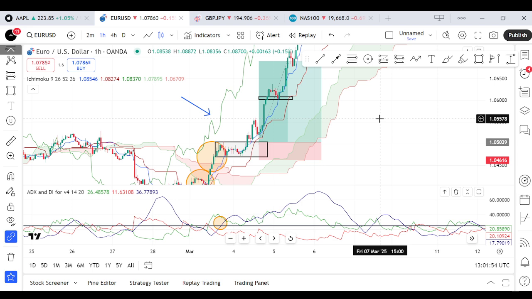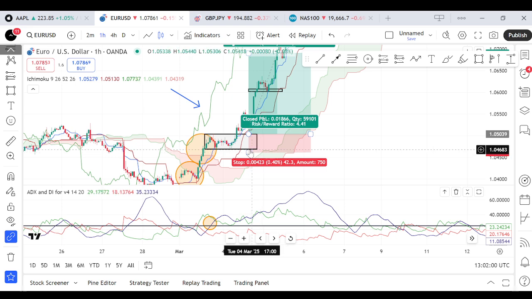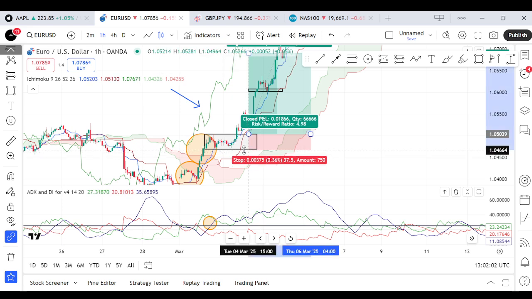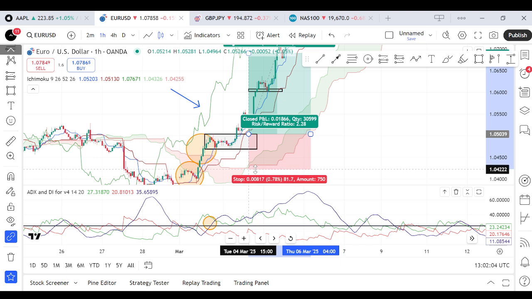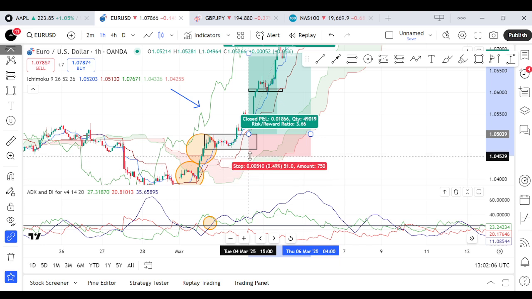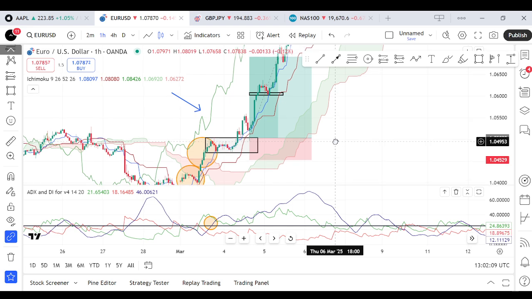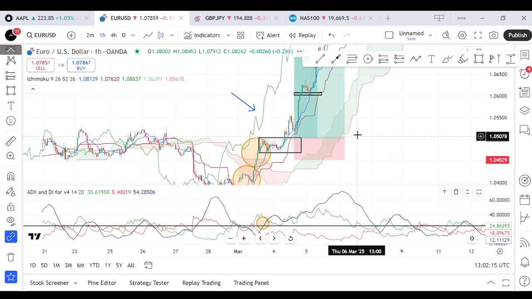So for long trades, place your stop loss below the most recent swing low or below the cloud. As you can see, I place my stop loss below this swing low here, or I could just place it below this cloud. Either way, I should just ensure I place my stop loss. And also, you should set your take profit at the next significant resistance level or previous swing high.